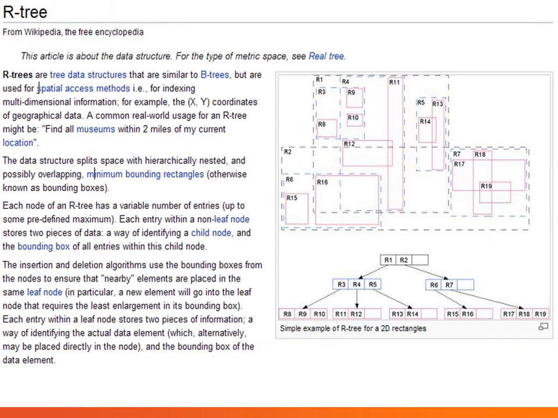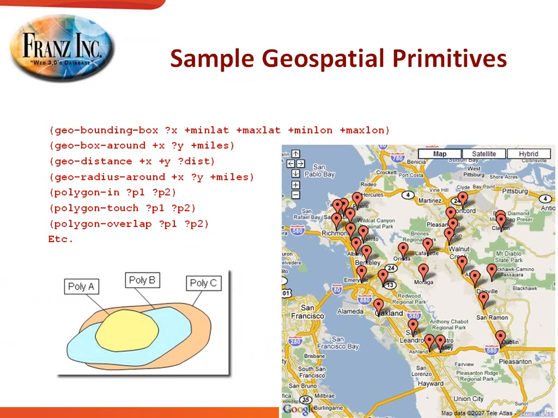And again, I wanted to stress that we get really fast times because we adapted an R-tree algorithm onto our indexing structure for our triple store. And here's the Wikipedia entry for those people that are interested in R-trees. And then the predicates that we support, actually this is kind of high-level support.